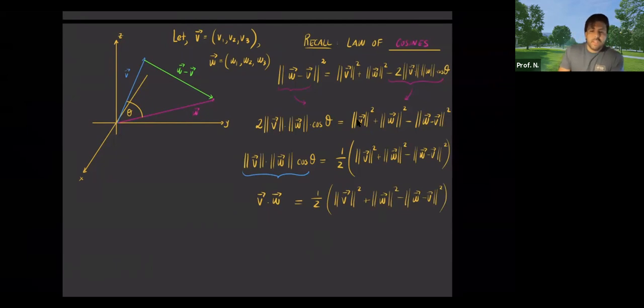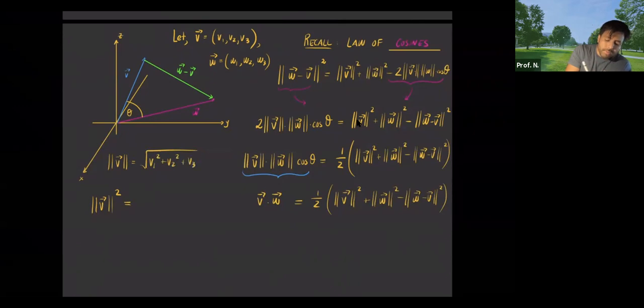So this looks complicated, doesn't it? But what is the norm of V squared? What is the norm of V squared? Well, remember, what is the norm of V? It's the square root of V1 squared plus V2 squared plus V3 squared. But when I square something that has a square root, doesn't that cancel? So in reality, what do I have now?